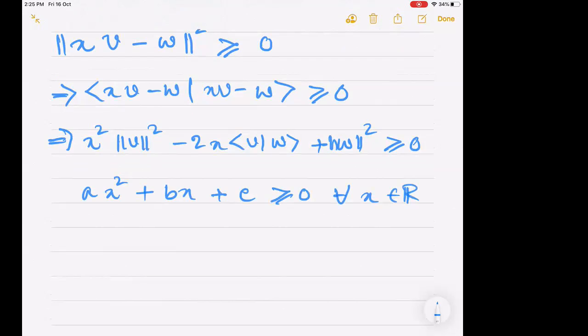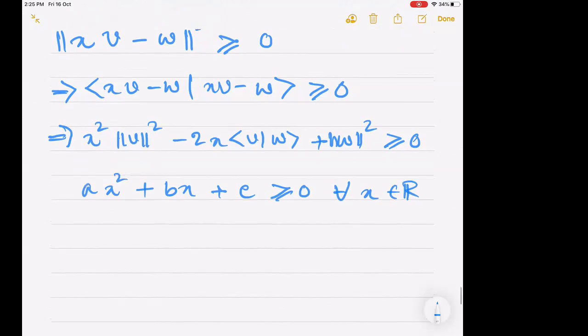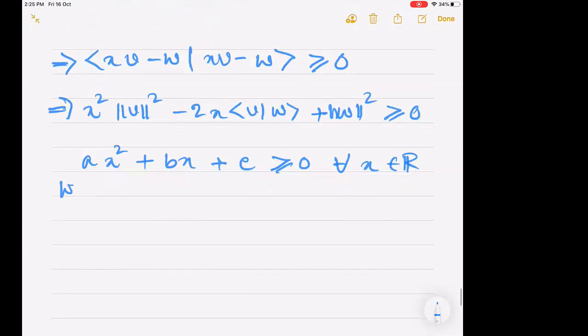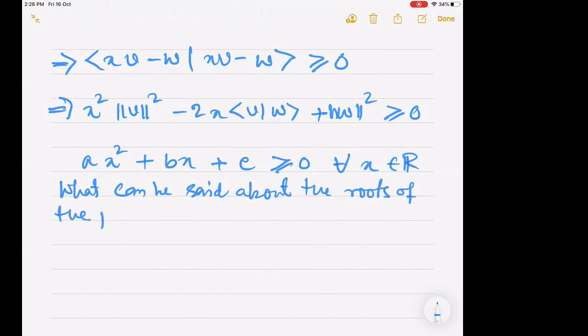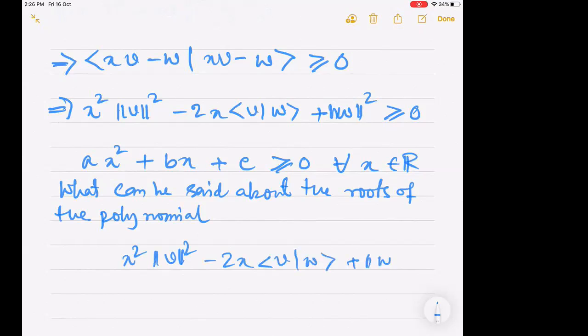Which means what? What can we say in terms of the roots now for this? So what can be said about the roots of the polynomial x squared V squared minus 2x <V,W> plus W squared?